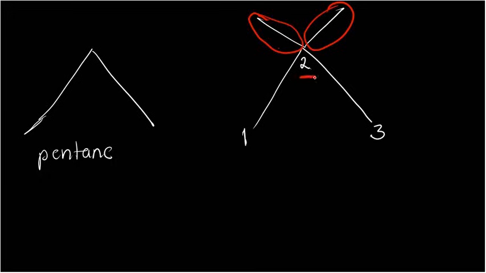Carbon number 2, right? So you say 2, 2. How many methyls? 2. So it is dimethylpropane. Straightforward, right? So that is how you answer that one.